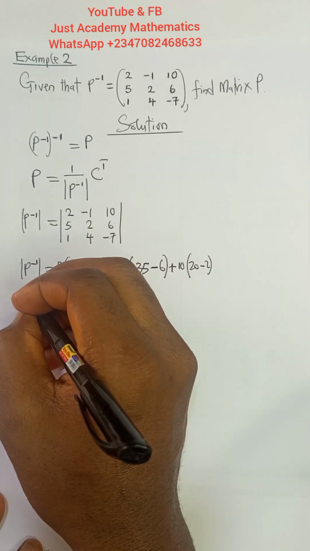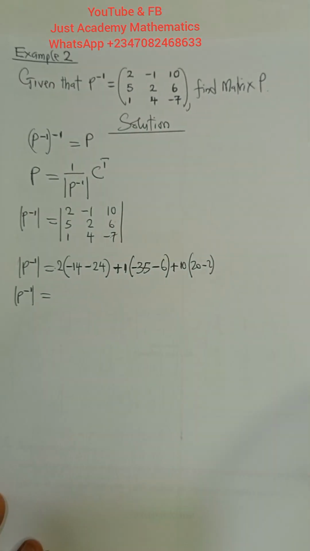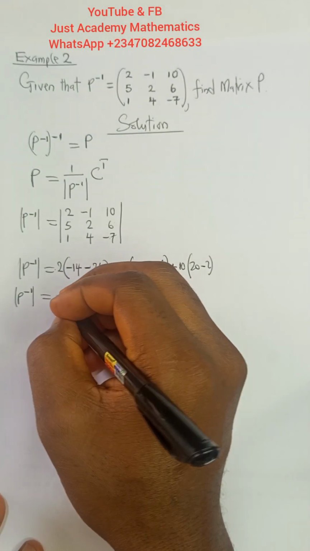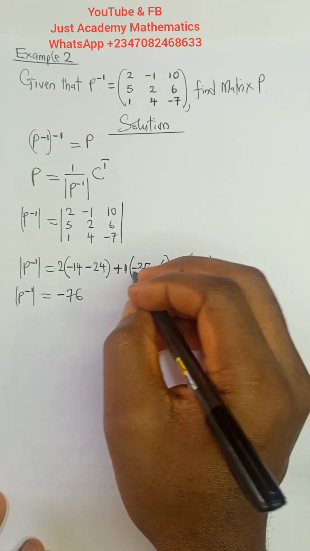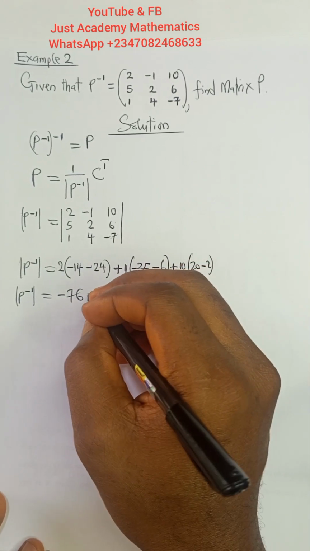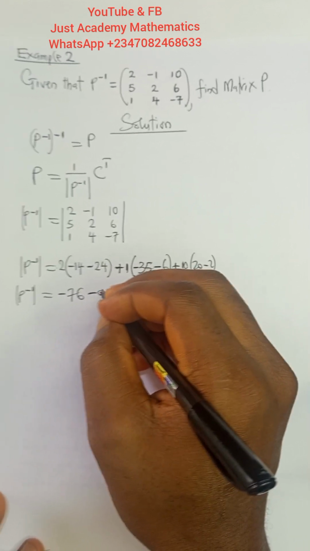So the determinant of this will give us 14 minus 24, which will give us minus 10. Minus 10 times 2 will give us negative 20. Then the next two will give us negative 41.